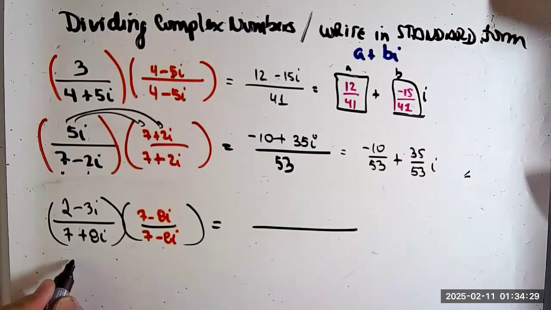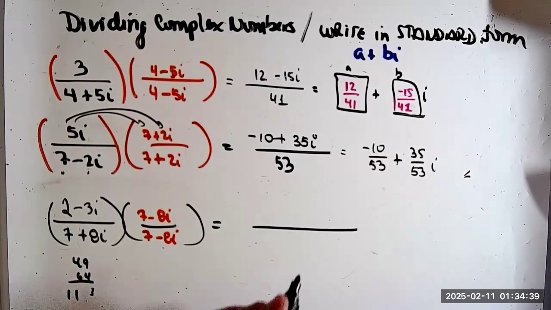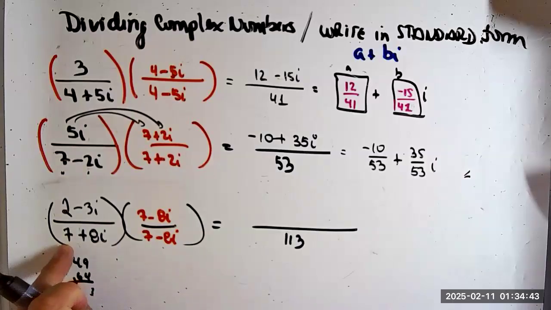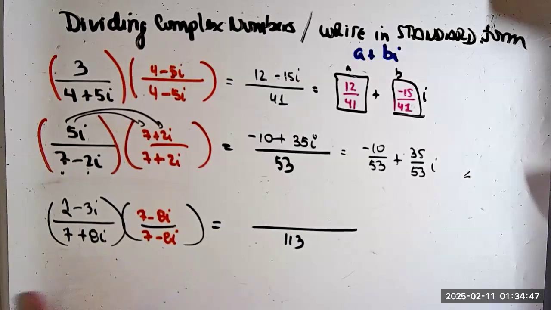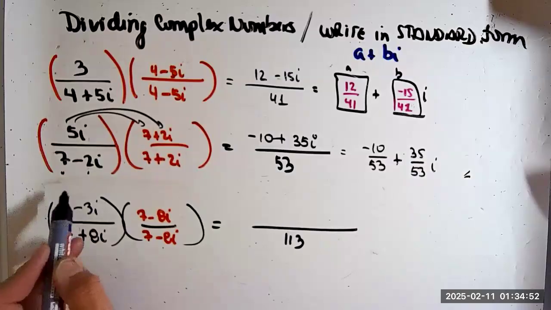Hopefully what you did was 7 times 7, 49, plus 8 times 8, 64. 113. I get 113 as the denominator. 7 squared minus 64i squared will become plus 64. And let's do the numerator.